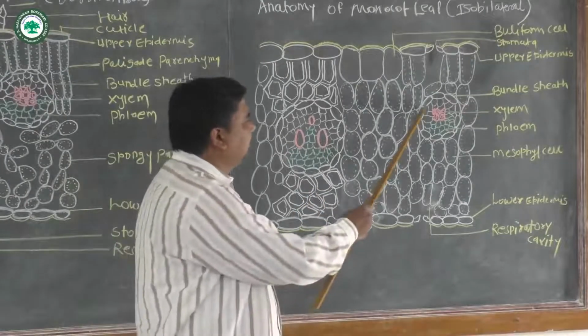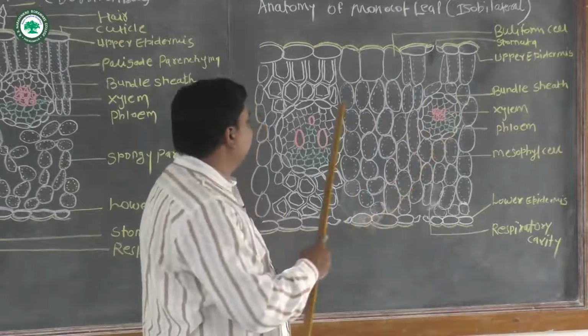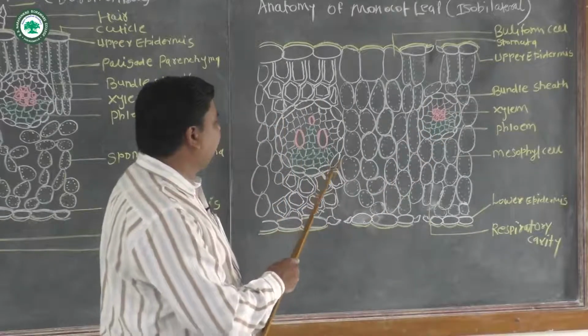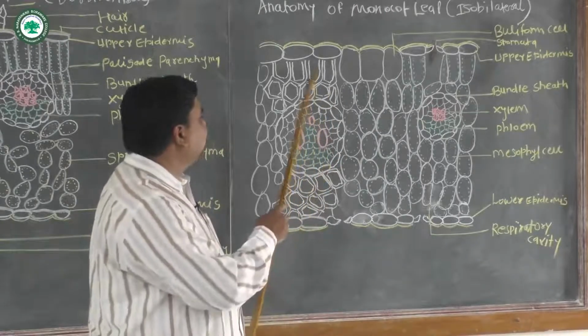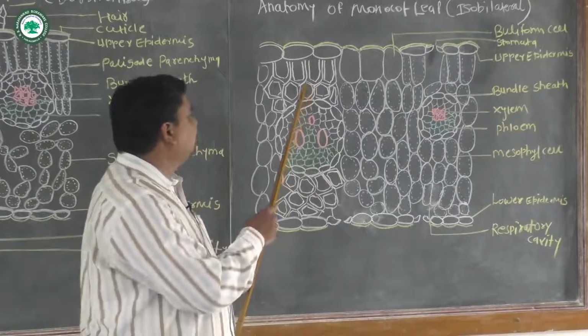Here there is also the bundle sheath. You can see the bundle sheath made up of parenchymatous cells.